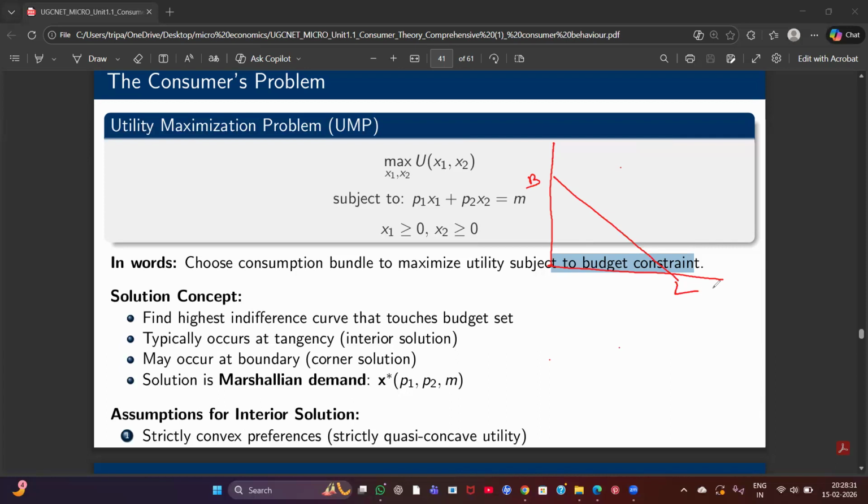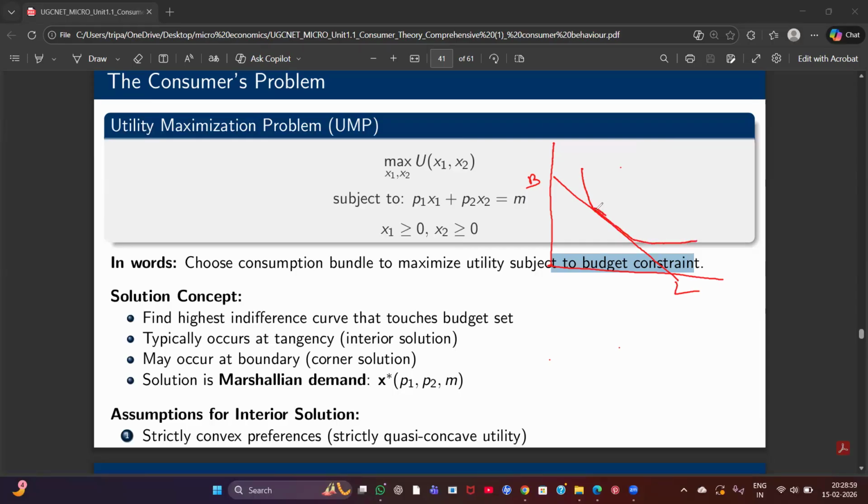Now, my indifference curve will completely depend on the preference of the consumer. If I assume that my consumer preferences are convex preferences, remember, I am not saying it is strictly convex, simply convex, the indifference curve may look like this.